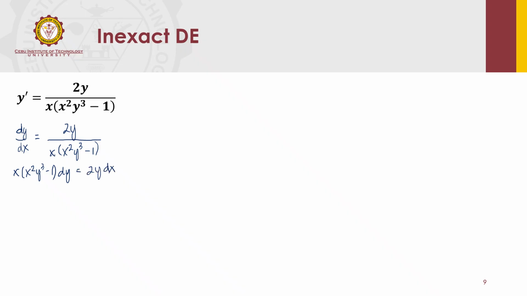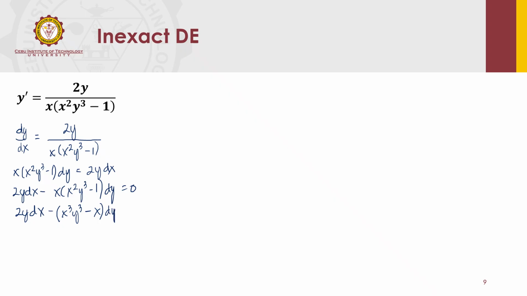If we arrange the terms, start with dx and then transfer the dy term to the other side, with 0 on the right side. So let's multiply first x to (x squared y cubed minus 1). That would be x cubed y cubed minus x.